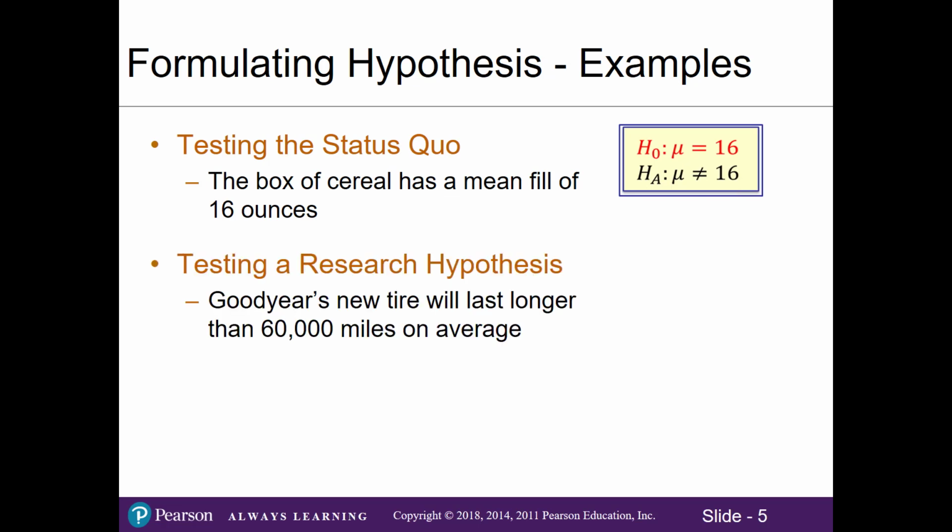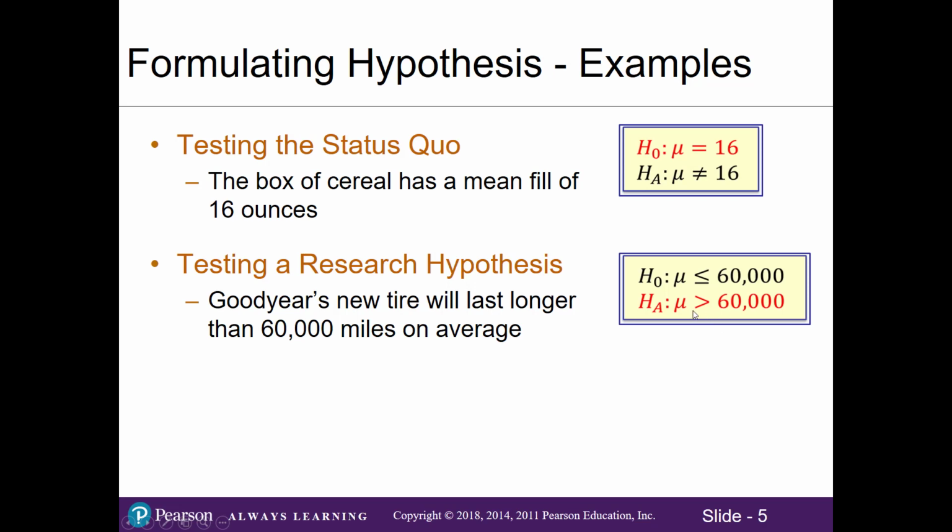Another purpose for hypothesis testing would be to test a research hypothesis. This is often related to new product development, where the decision maker wants to demonstrate something to be true. So for instance, Goodyear wants to be able to declare that its tires will last longer than 60,000 miles on average. This would show to customers that their tires last a long time.